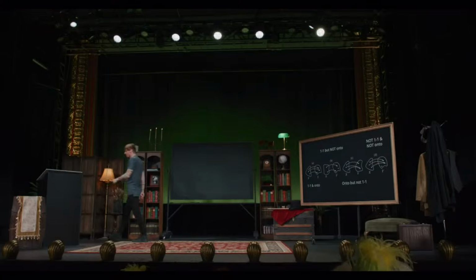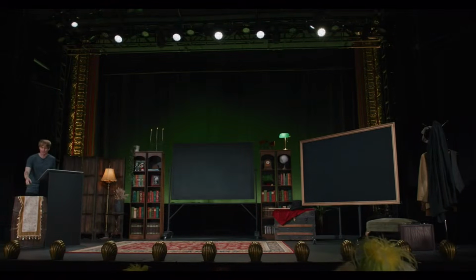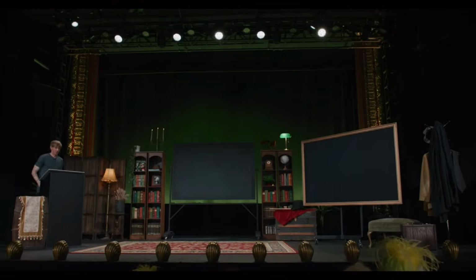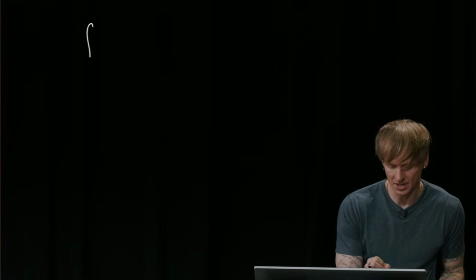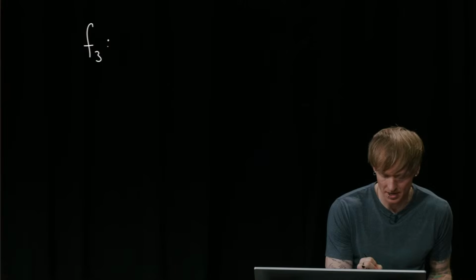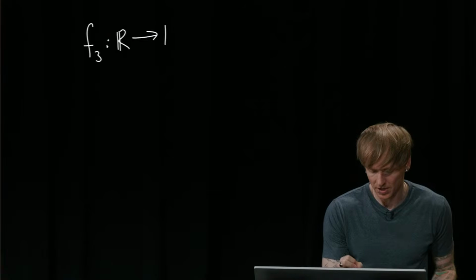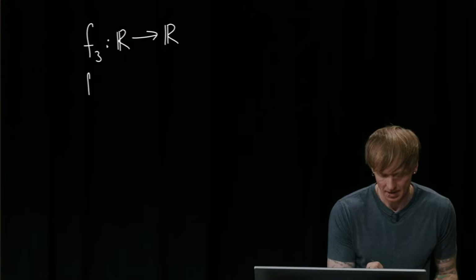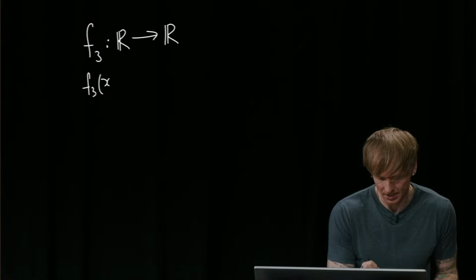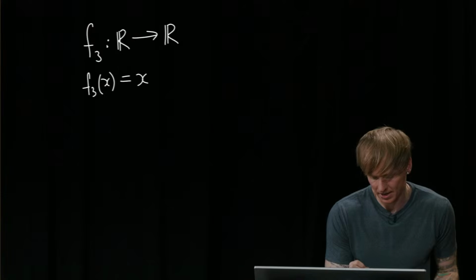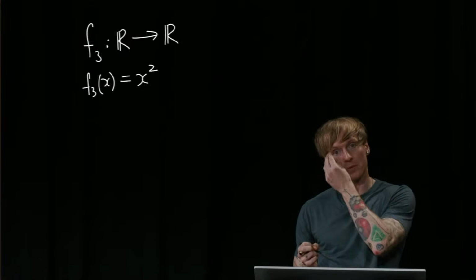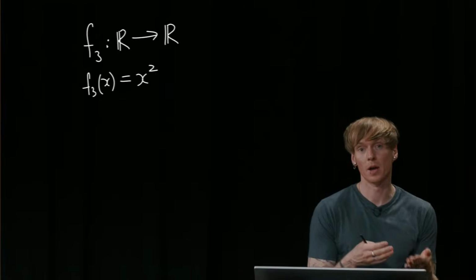We were looking at the function f3, the name I gave this. We said it was mapping, I'll write down the one we had before, from the reals to the reals, and f3 of x was x squared. The problem was that we wanted to take the square root, but we weren't sure.